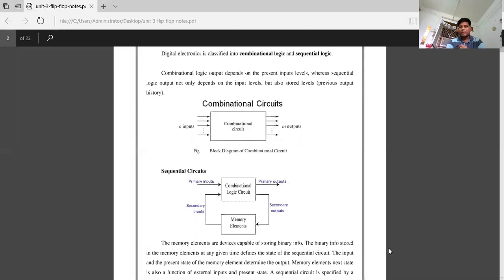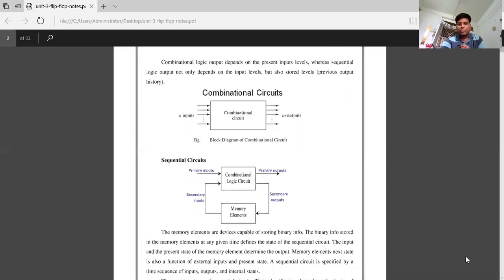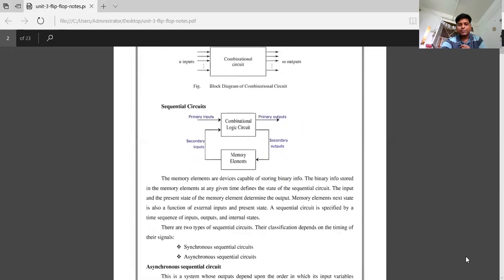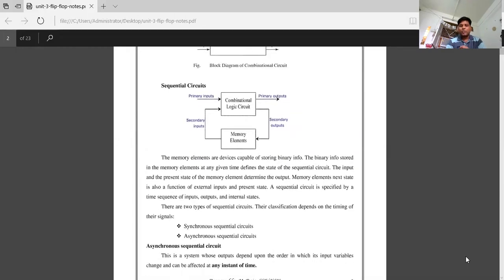So a memory device is used for this. In the memory element, the binary information is stored, as well as the time-defined state of the sequential circuit. The input and the present state of the memory element determine the output. So the memory element is the added feature of the sequential circuit.